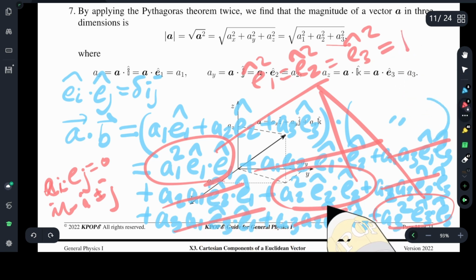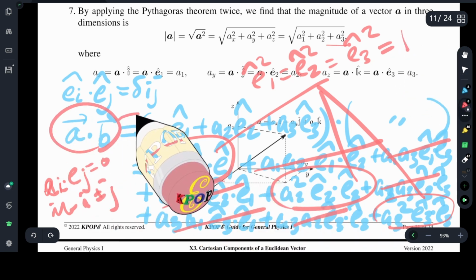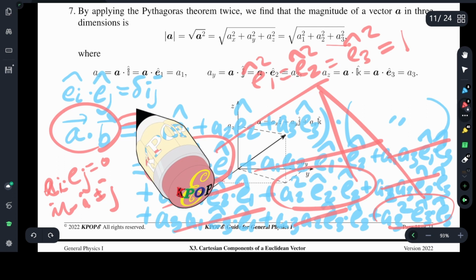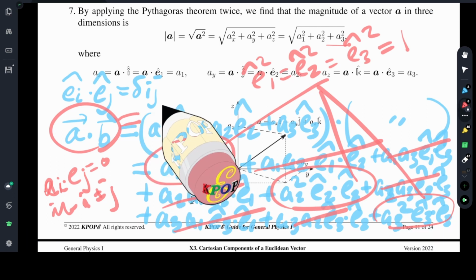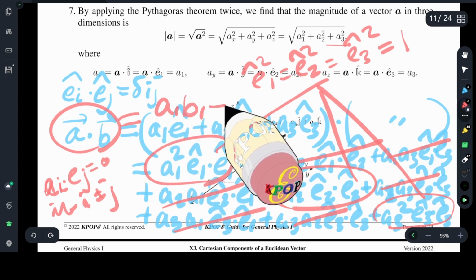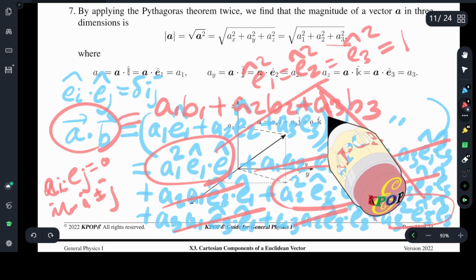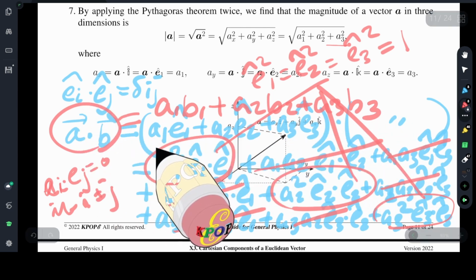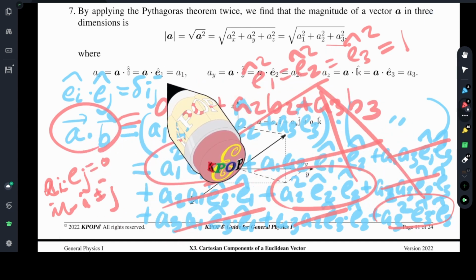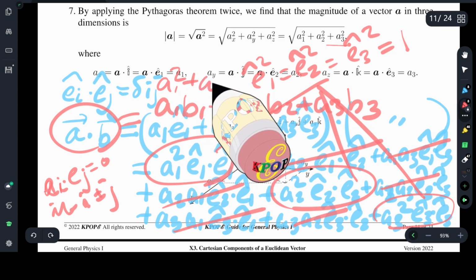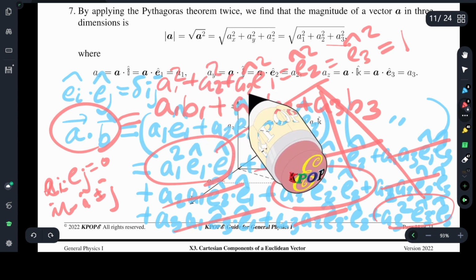So finally, we find the scalar product in terms of Cartesian coordinates. This is true only in the Cartesian coordinate system: A1 B1 plus A2 B2 plus A3 B3. If we substitute B equals A, then we obtain A1 squared plus A2 squared plus A3 squared.